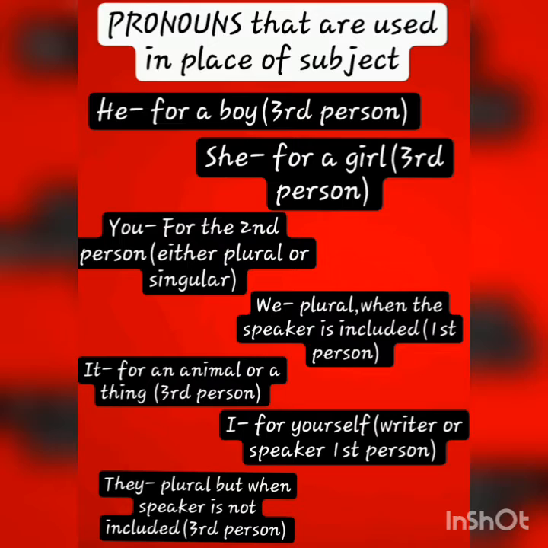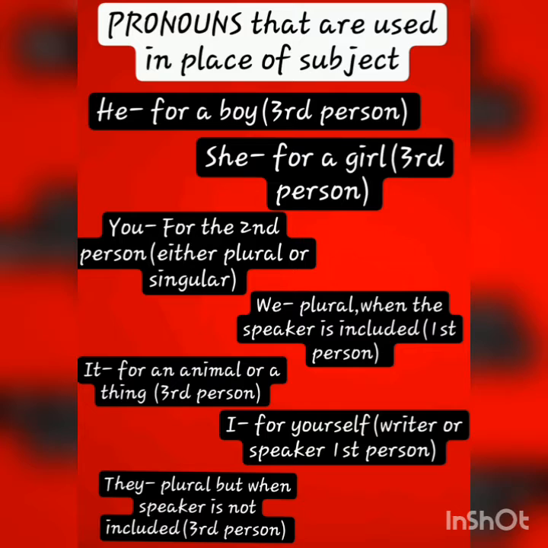Then we. We is used for the first person, and it should be plural. It. It is always used for an animal or a non-living thing, but it should be singular. I. I is always used for yourself.